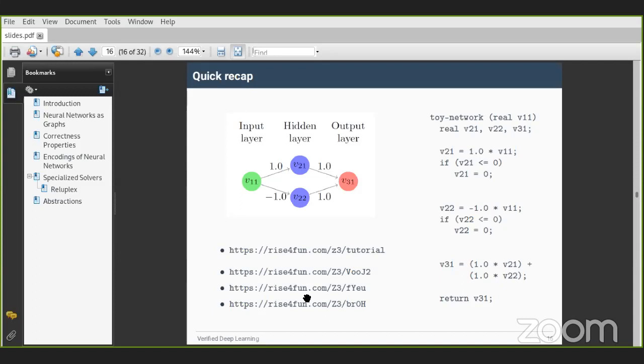On this network, we wanted to specify and verify certain properties, namely whether the output always matches the input, and some other properties also, such as: can you find an input in some range such that the output is in some other range. This is what we had looked at.